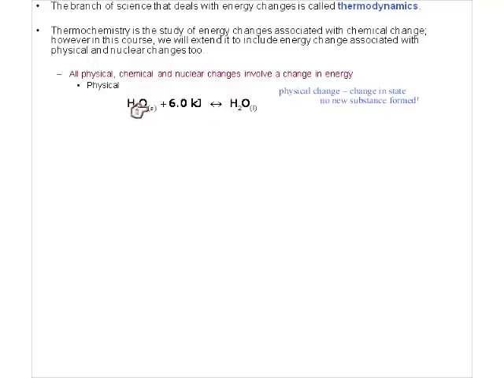Other physical changes would be boiling water, vaporization, condensation of water, which is the reverse of evaporation, sublimation, going from a solid to a gas, or deposition, going from a gas to a solid.